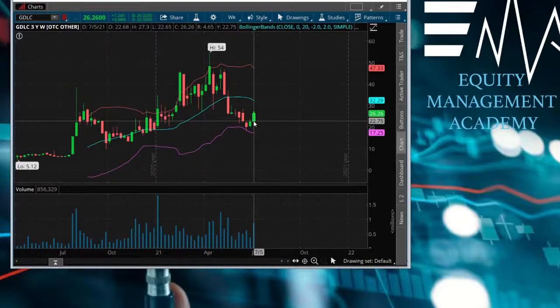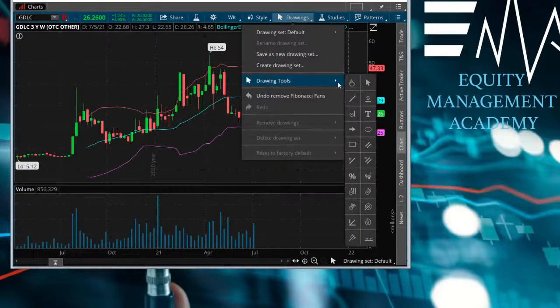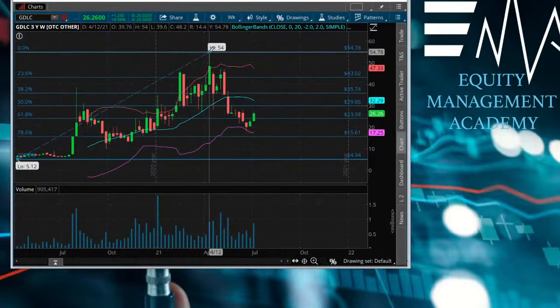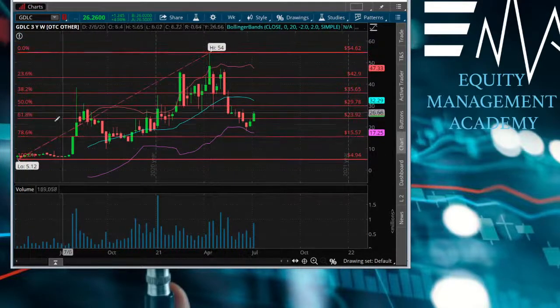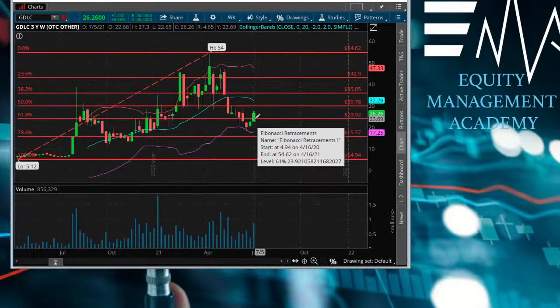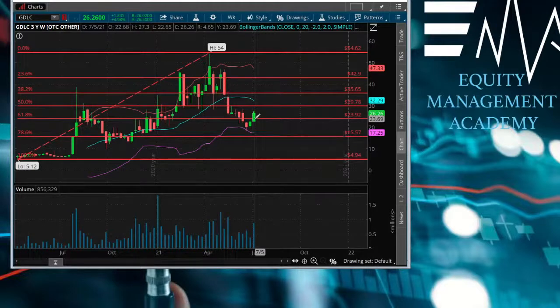So if I want to calculate the Fibonacci retracements from the inception, the low that was made back in April, to the recent high here, we have a pretty good idea where the market corrected into, and we can see that it came down to a perfect 61.8% golden ratio Fibonacci retracement.